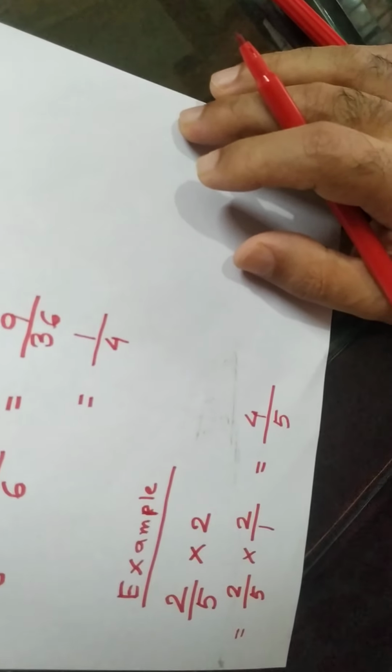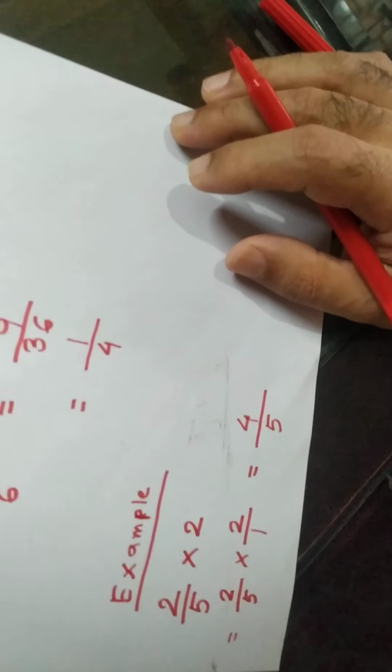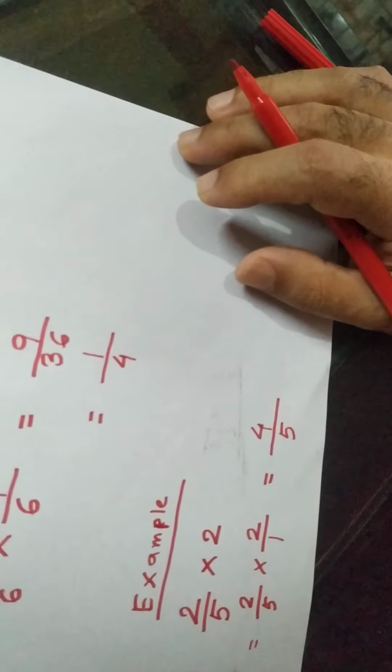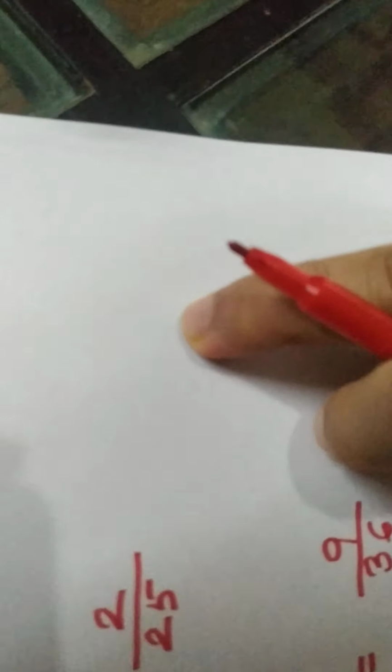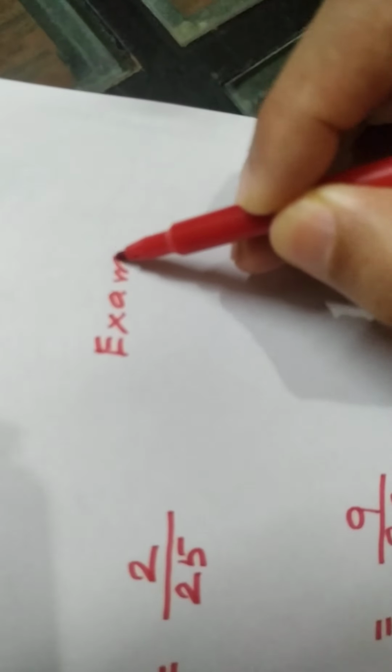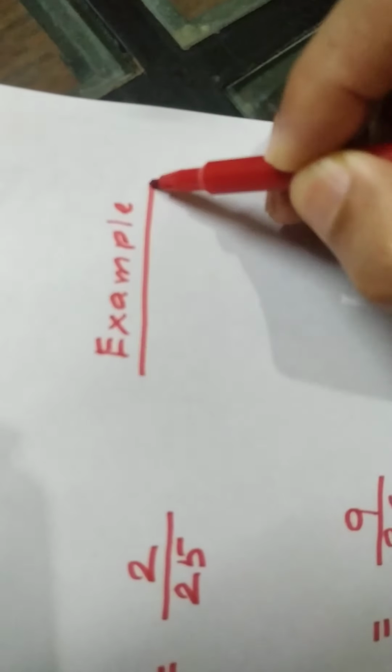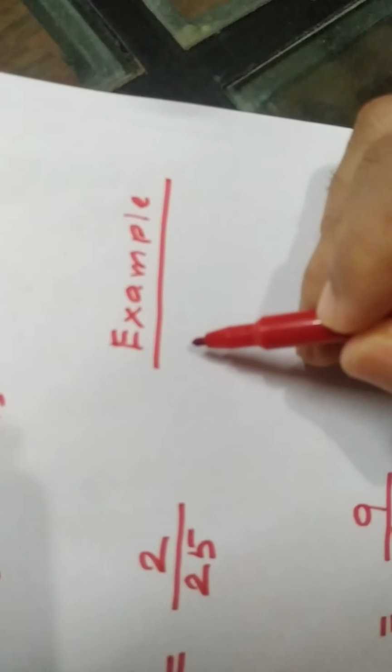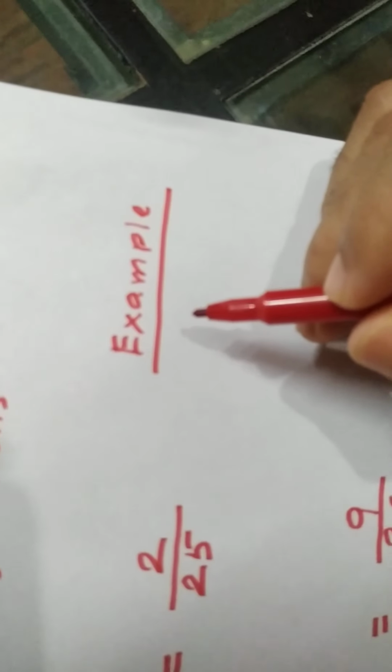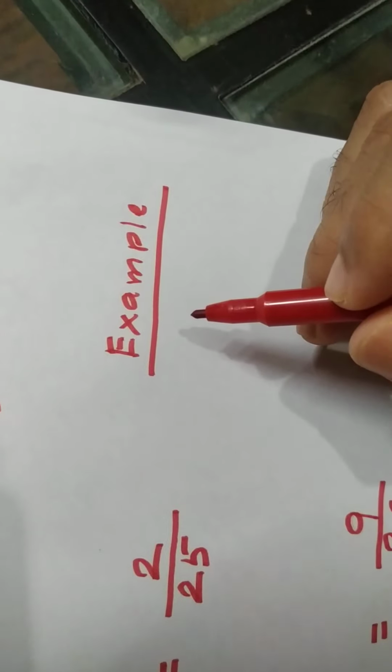What happens if both the fractions happen to be improper? What will we do then? Well, pay attention to this side. There was a slight mistake.